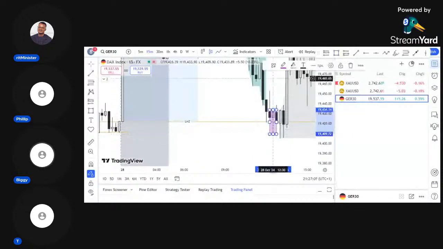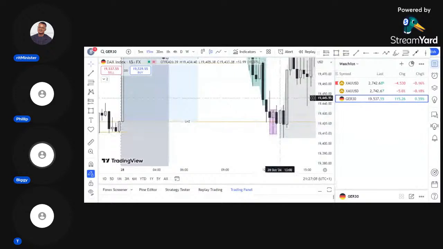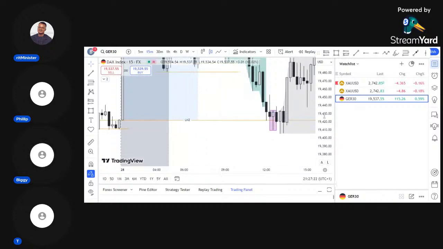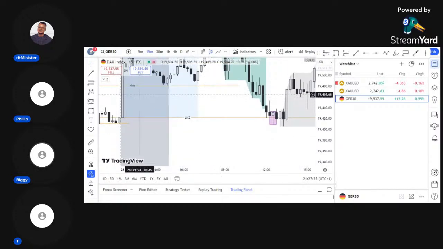And then I told you that once the market is at LMZ zone and then gives you an SCOB, check to the left side if you're looking for a buy, if the previous day low has been swept or the Asian low has been swept. And as you can see, this box here is my Asian box.